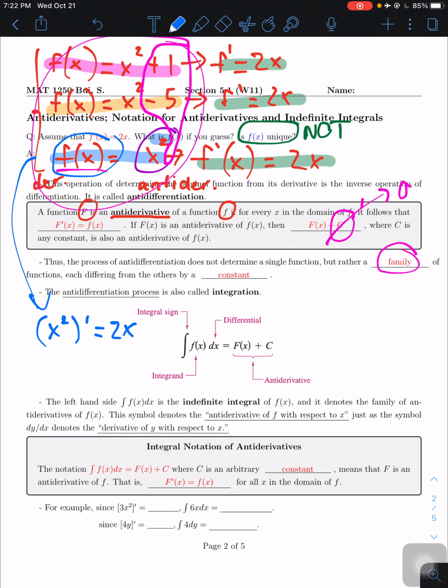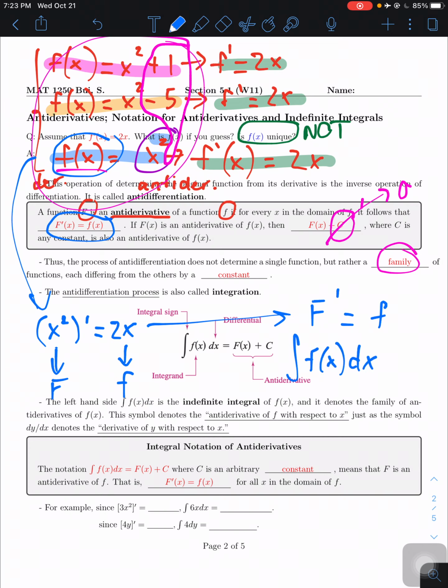So that means that by this definition in here, x squared is big F, and 2x is little f. So from here, two things that we learned: big F prime equals little f, and also the antiderivative or the integral of f of x dx equals F of x plus c.